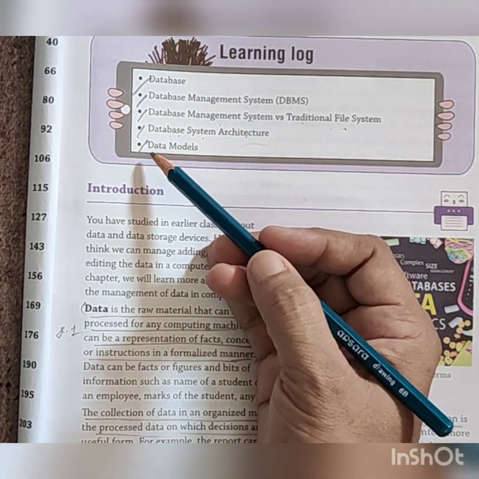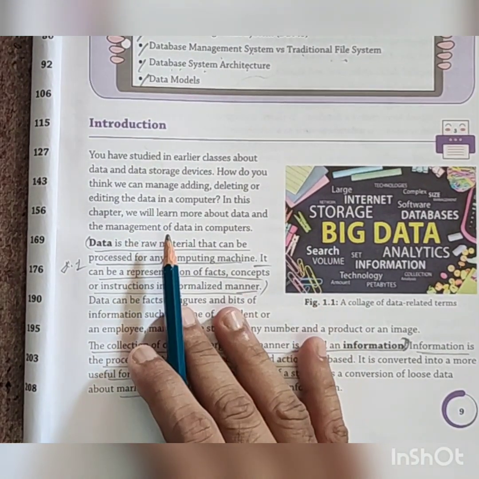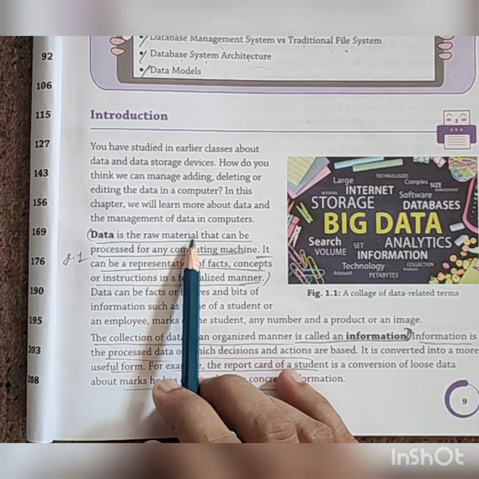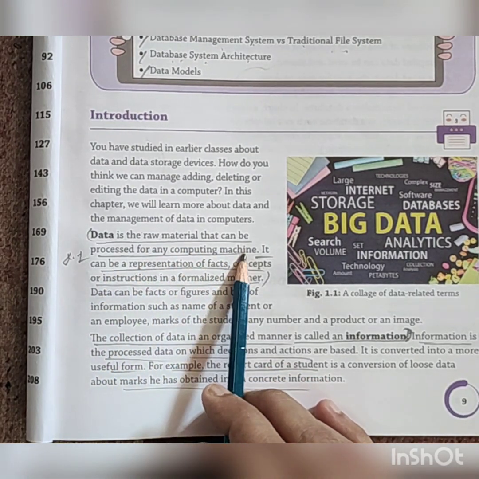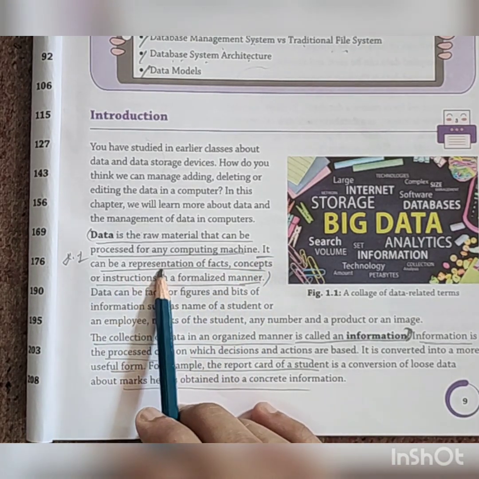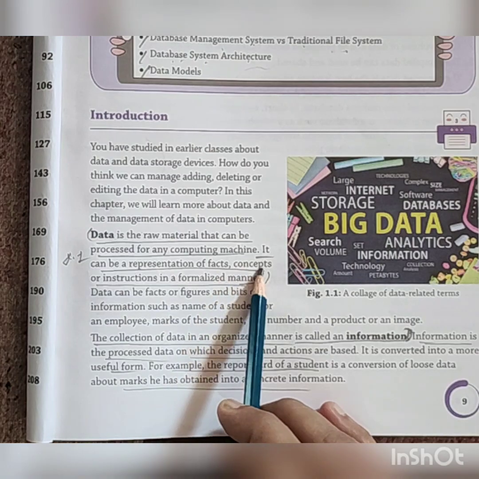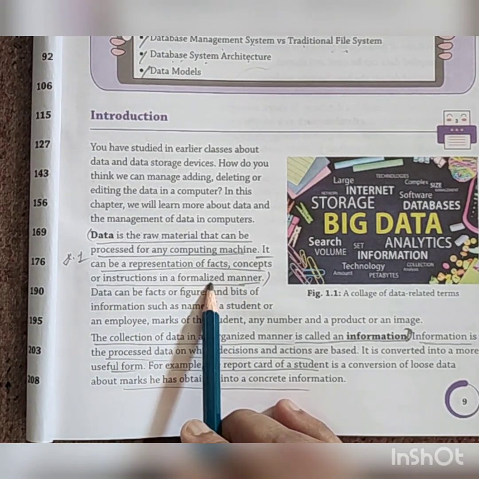So first I give an introduction about what is data. Data in the sense we can say raw materials that can be processed by any computing machine. It can be representation of facts, concepts or instructions in a formalized manner.